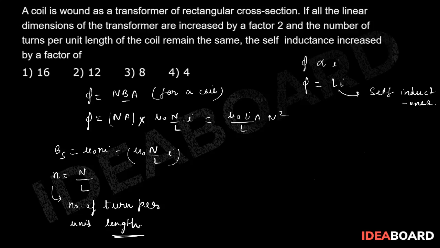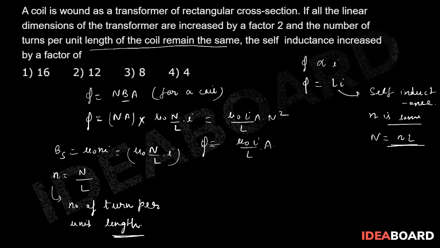But now in the question they have given the information that number of turns per unit length of the coil will remain the same. That means they are saying that small n is same. That means I can write N is equal to n into L. So if you replace this thing, you get mu naught I by L into A into n square L square, and our equation number 1 is this.